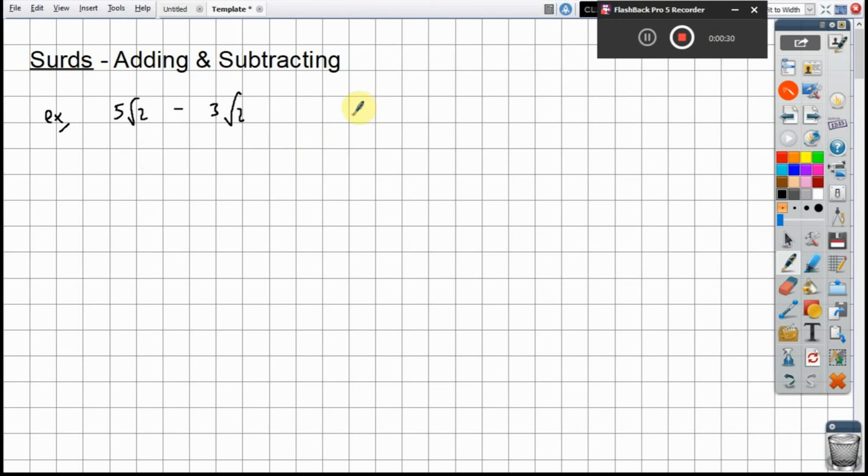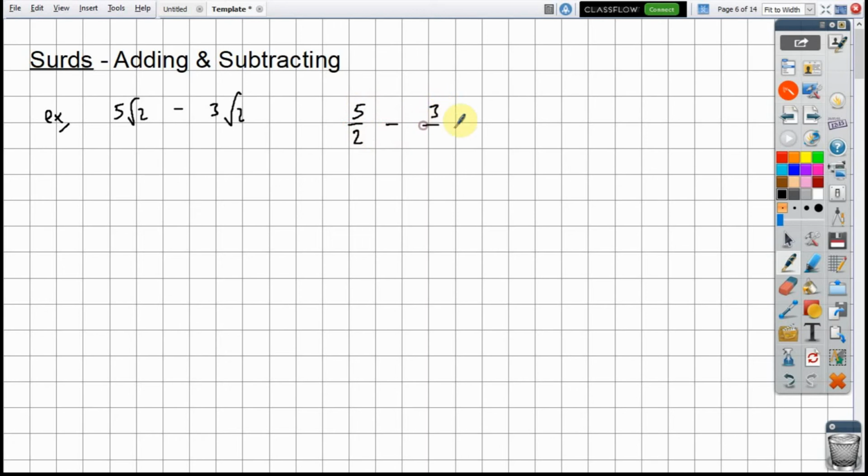Here you need to cast your mind back to two other areas of maths to understand properly what's going on. First of all, back to primary school for a moment. If you had 5 halves take away 3 halves, you've got a common denominator.